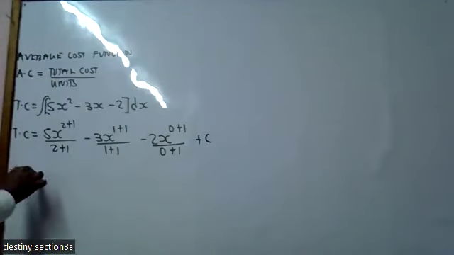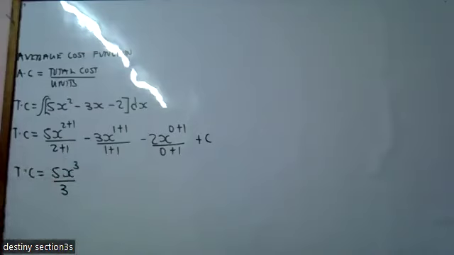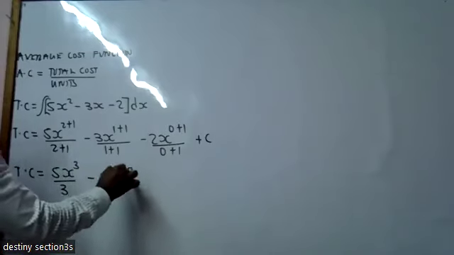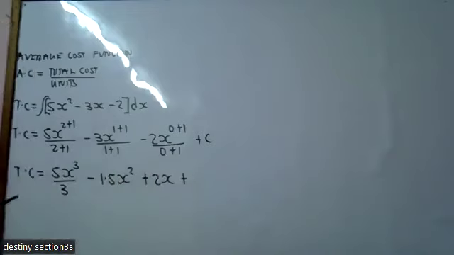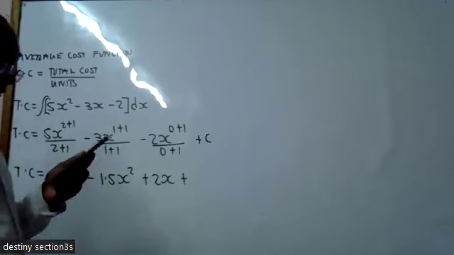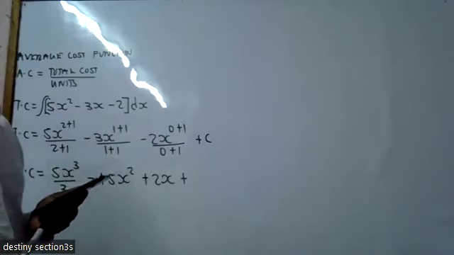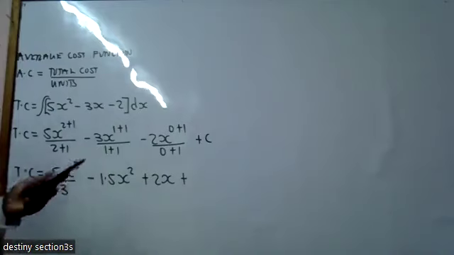So my TC will be 5x cubed over 3 minus 1.5x squared plus 2x plus C. Now C we said is the fixed cost. So that fixed cost is 1.